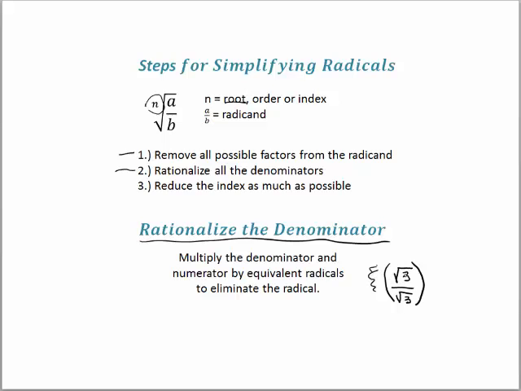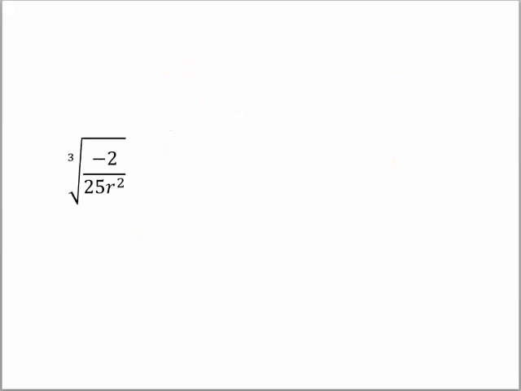No, because I'm actually multiplying it by 1. So you'll see how rationalizing the denominator will get rid of our radical. Let's take a look. Let's get some actual problems here.